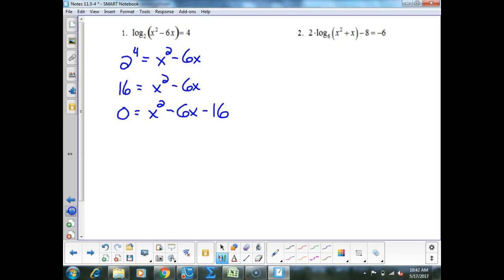Now what? Factor it. Okay, what does it factor to be? Two numbers that multiply together to be negative 16 and add to be negative 6: negative 8 and positive 2. Now what?